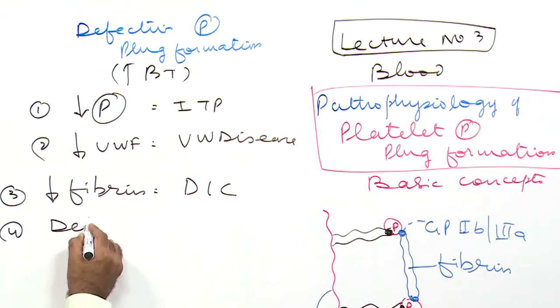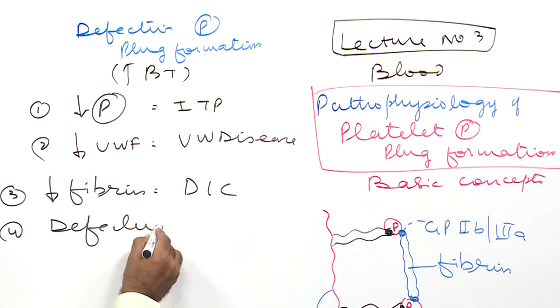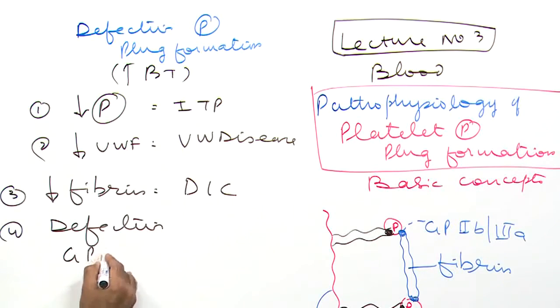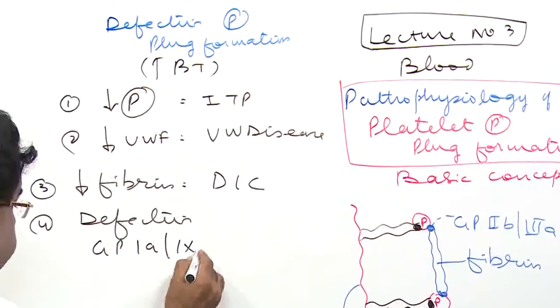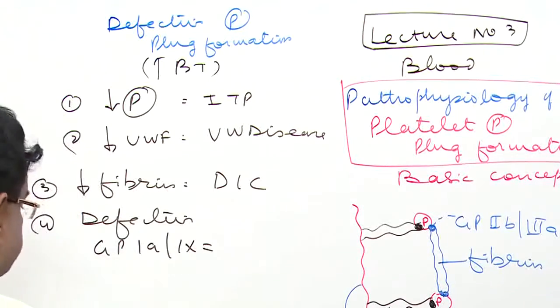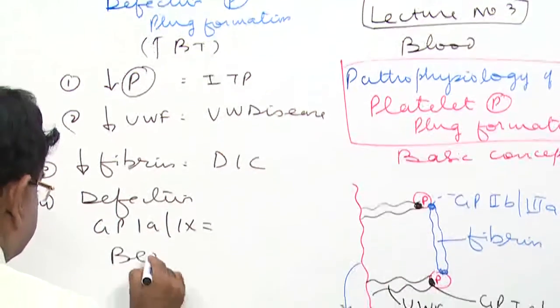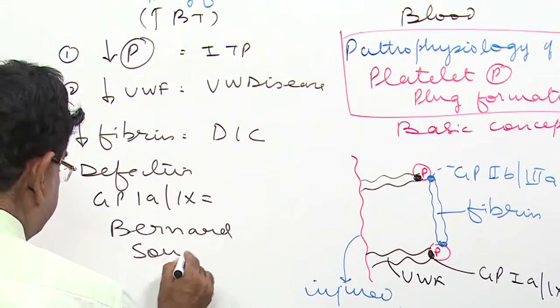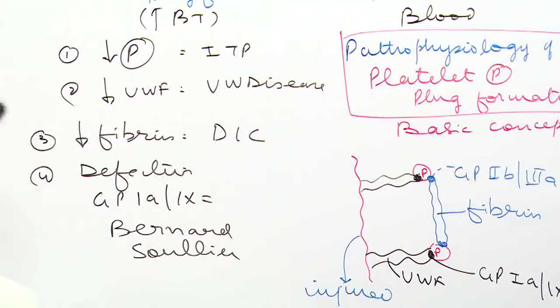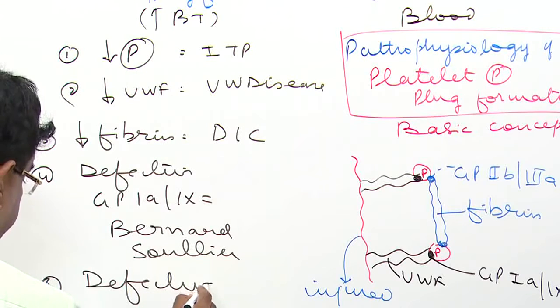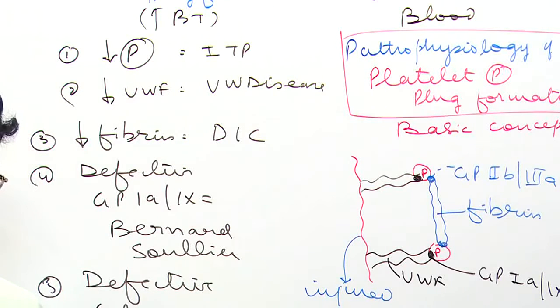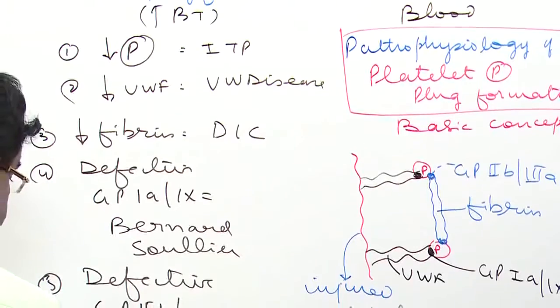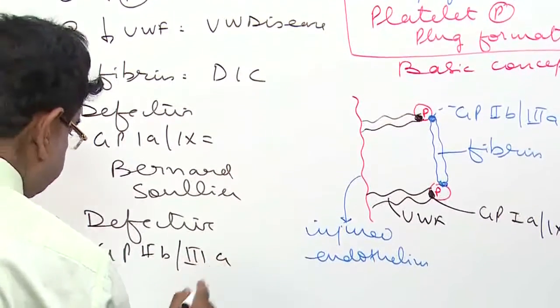Fourth, defective GP1A/9 receptor. This occurs in Bernard Soulier disease. And fifth, defective GP2B3A receptor.